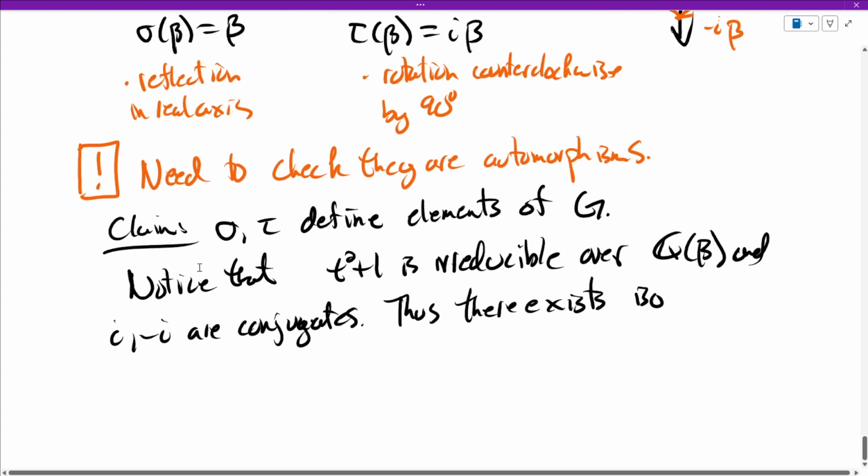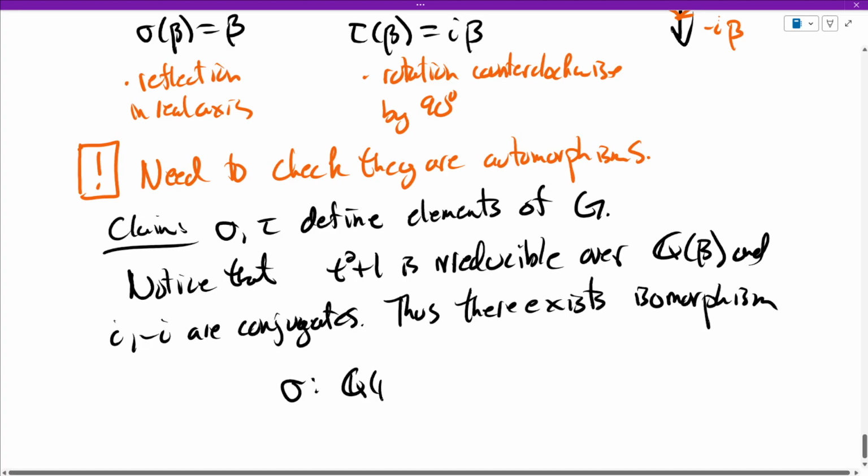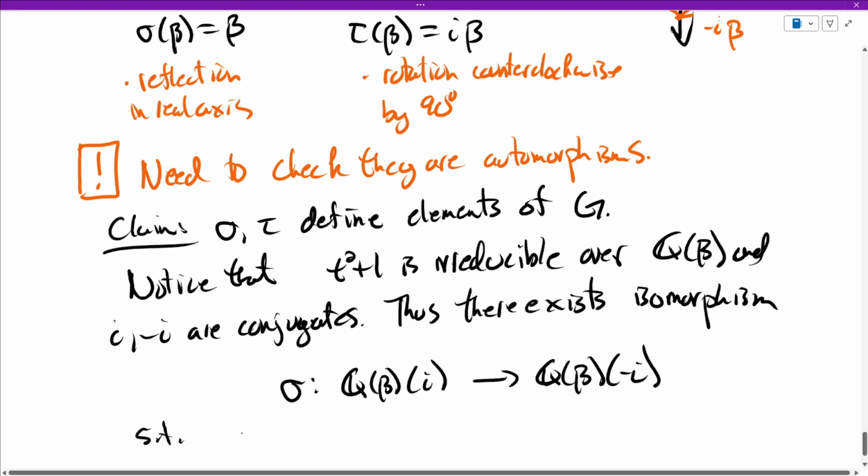There exists an isomorphism, which I'm also going to call sigma, from Q adjoin beta and add in i to Q adjoin beta and add in negative i, such that sigma restricted to Q adjoin beta is just the identity. So it fixes beta.